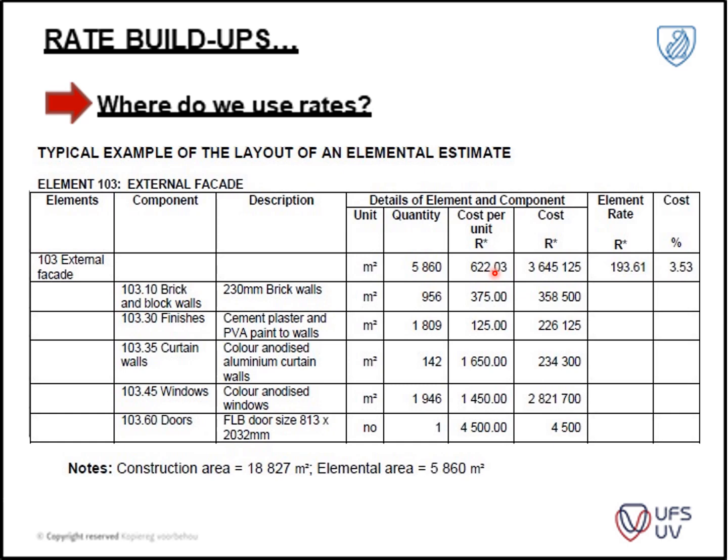So it's related to your component way of measuring. Just take note of this: the construction area of the entire building is this, but your element area, so your brickwork, is only this 5,860. Be mindful of that, especially for your assignments as well.